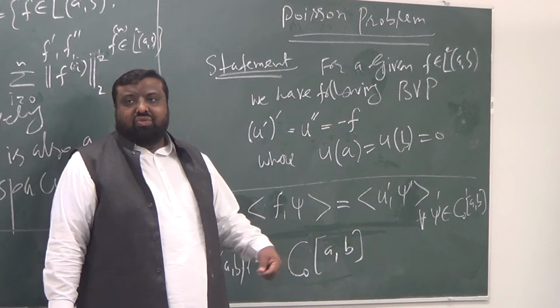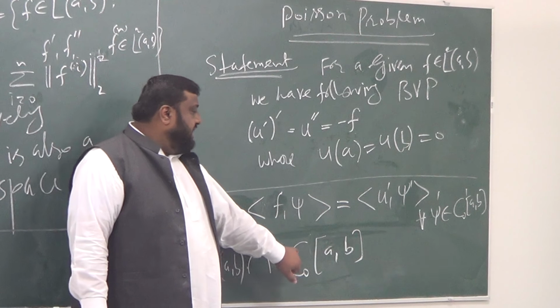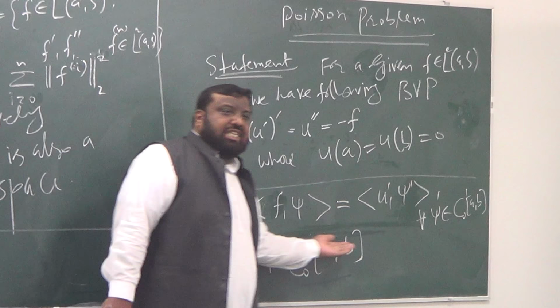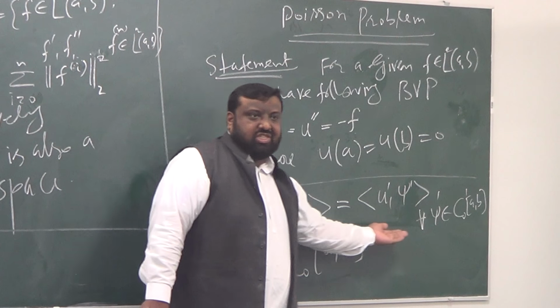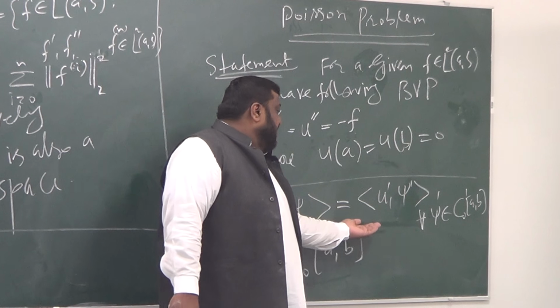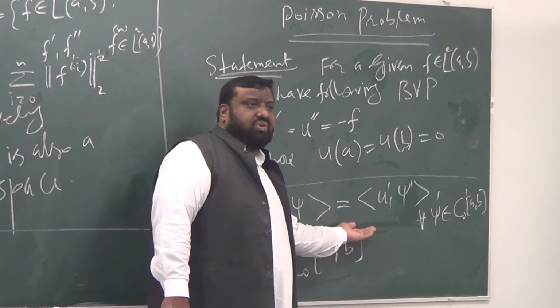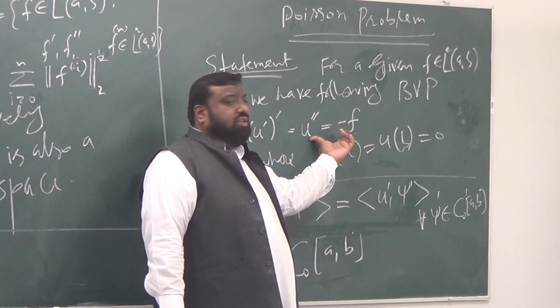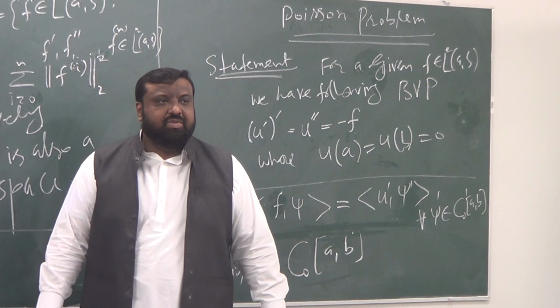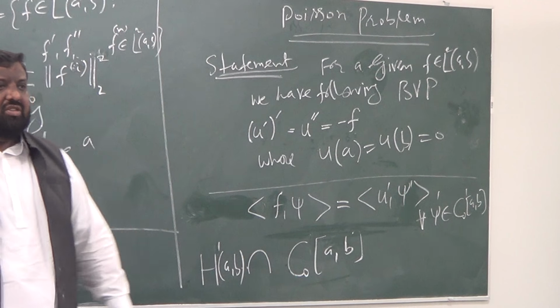A u which is in H1 and C0(a,b) that satisfies this condition is going to be the solution of this equation in the weak sense. Are you getting the point?